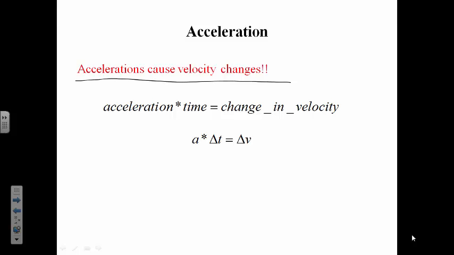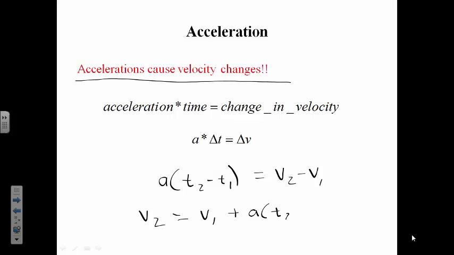So let's expand this out, and we see that a equals v2 minus v1 over t2 minus t1. So if you think of v1 as being at some initial point in time, v2 equals v1 plus your acceleration times some period of time.